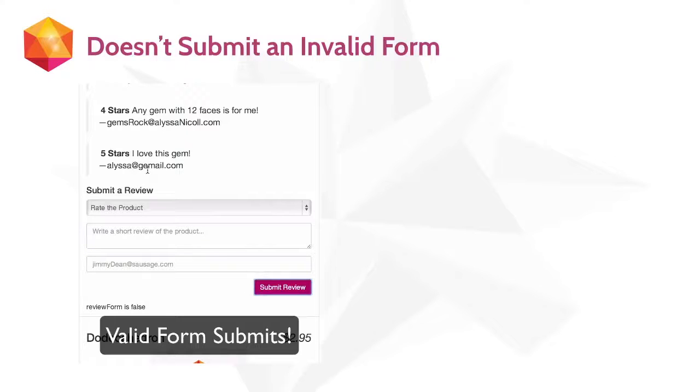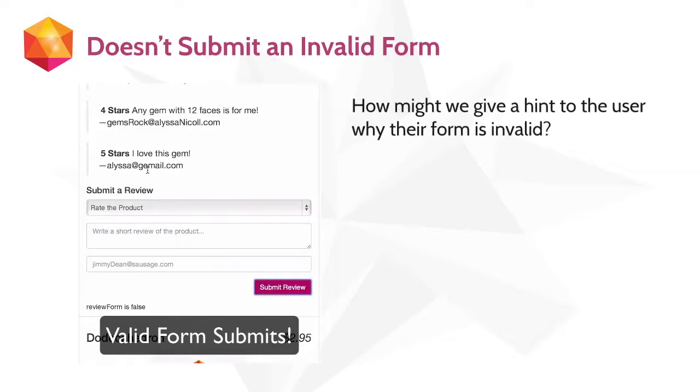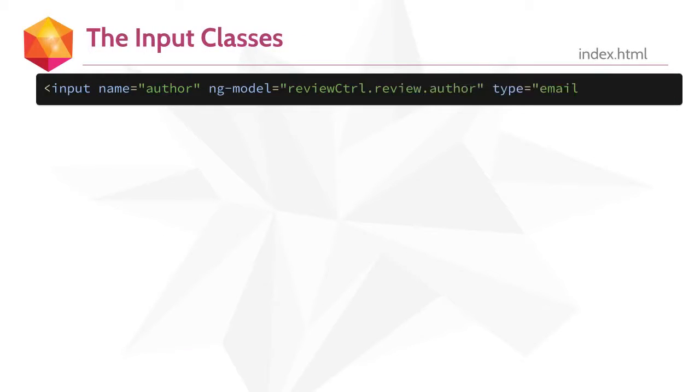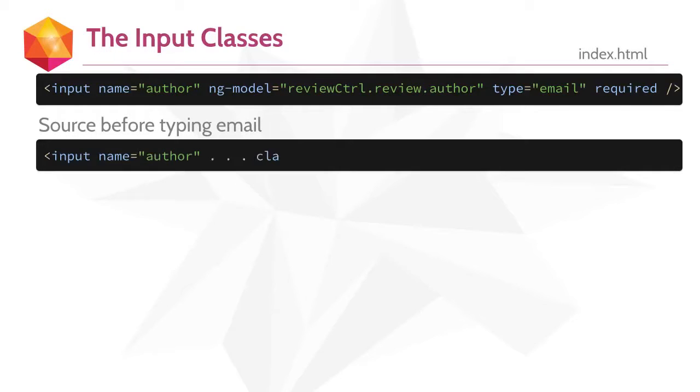Well, that's good, but we still need to give the user some sort of hint of why their form is invalid. If we looked at the HTML that gets rendered on our page, in particular the form elements, we would see that the input value before we started typing email has a class of ngPristine, which means it hasn't been touched, and ngInvalid, which means the email is not valid.